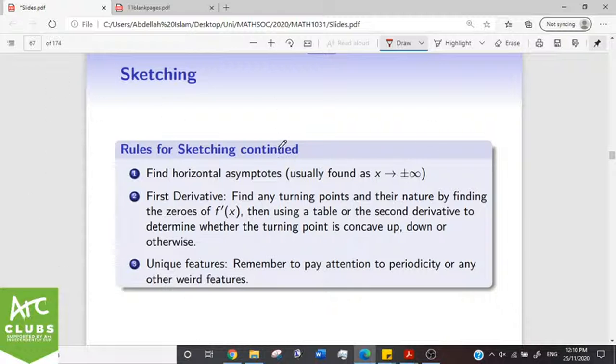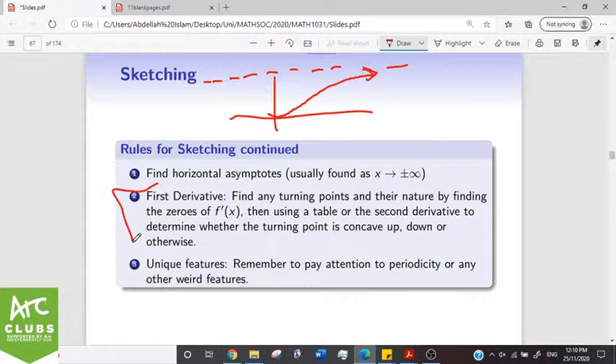You can also find horizontal asymptotes. For example, if you have a function that is doing this, then knowing where it's going towards is kind of helpful. First derivative, so this is where the derivatives come into play. Knowing its derivatives, its turning points, which way it's going is really helpful.